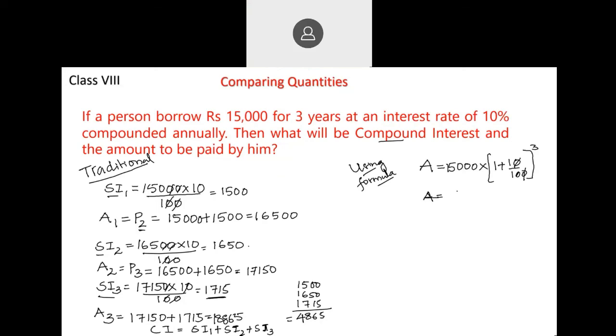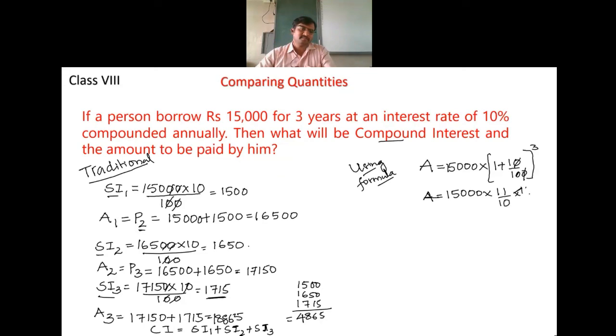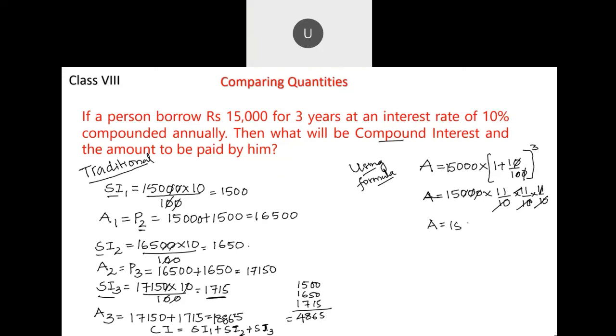Instead of writing in decimal, it becomes easy if you write in this way. All the zeros will get cancelled. So amount is 15 into 11 cube, which is 1331.